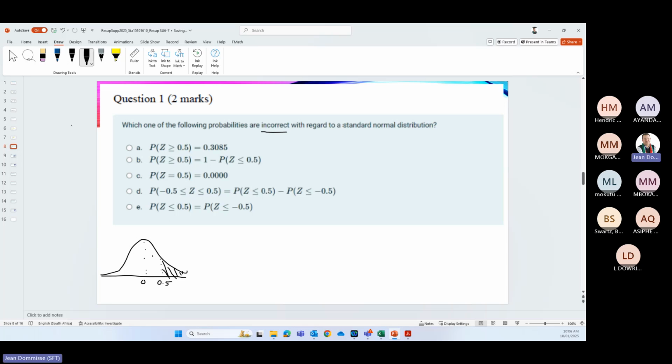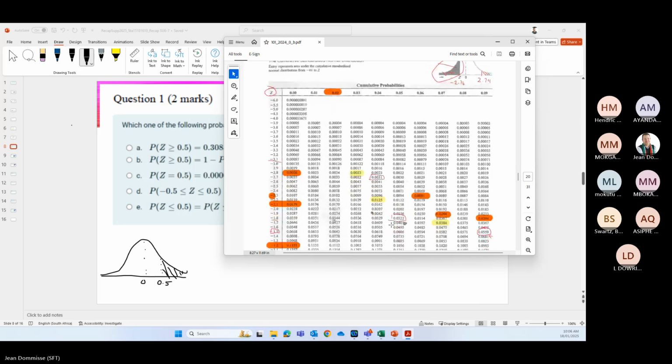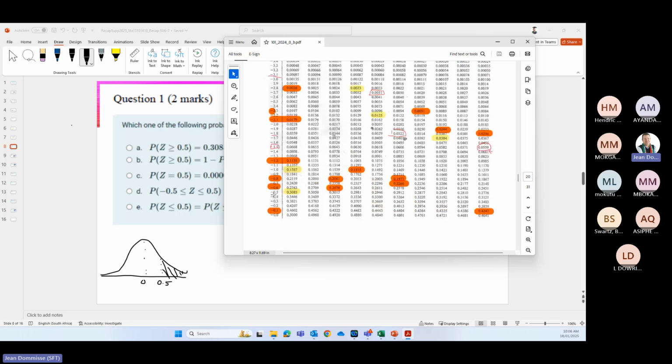So let's look. I can look at this table where that is minus 0.5. Let's quickly check. Minus 0.5 we'll get 0.3085.